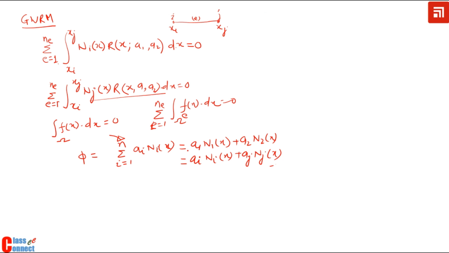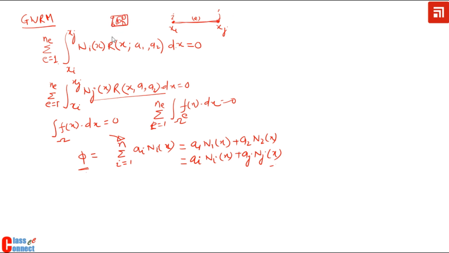Now it is very important to understand this concept that this phi in the FEM, or phi in general, is a field variable which has to satisfy the boundary conditions exactly. It means in case of FEM, phi represents the variation of the field variable within the element. The field variable is varying when we move from one node to another node in case of a 1D element.